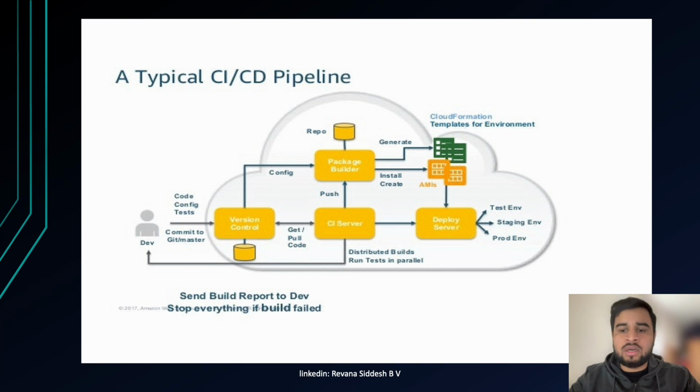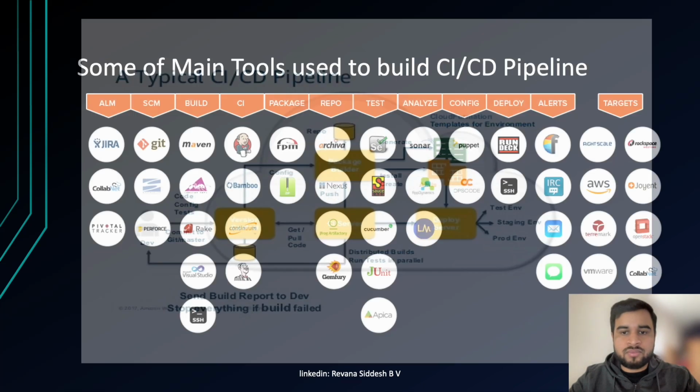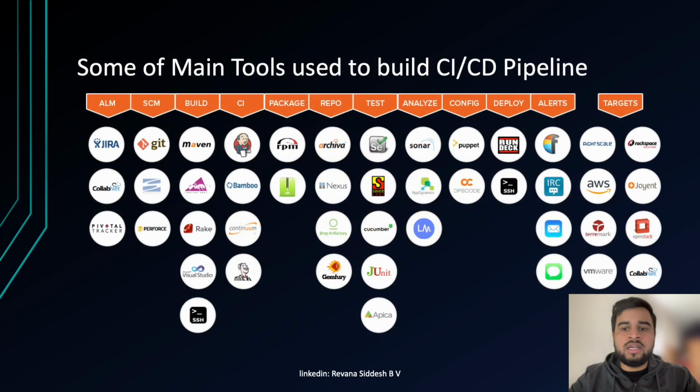This example includes both information on the tools used in a CI/CD pipeline and the importance of the automated feedback loop in catching issues early in the development process. So here are the different tools used in stages of the pipeline. Some of them are famous and most used, like Git and GitHub for source code management.